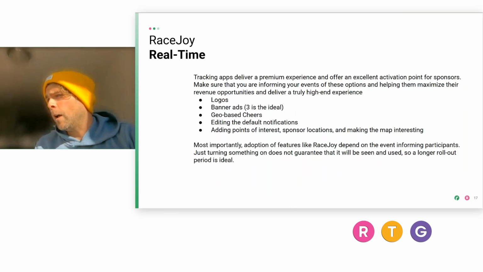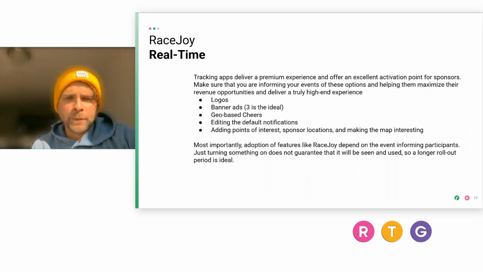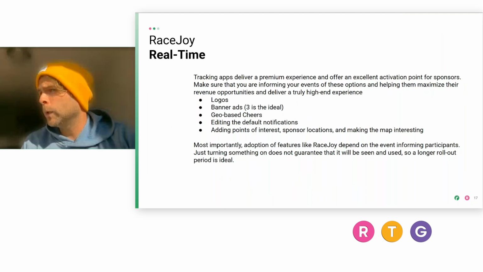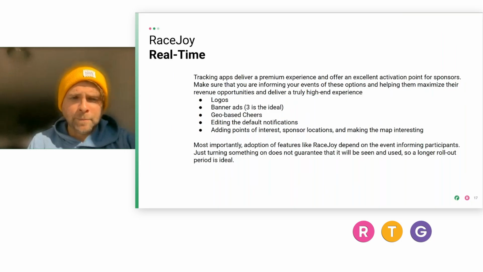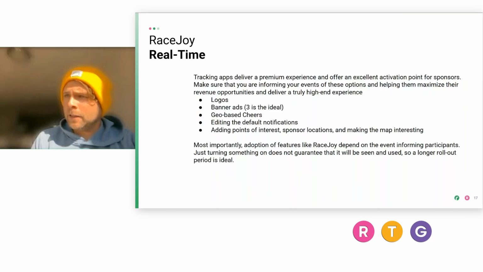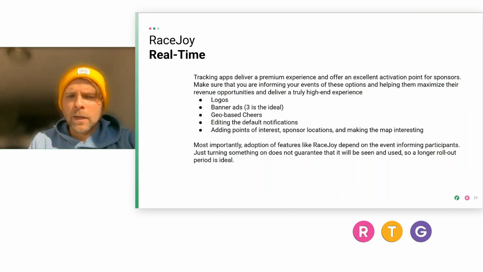And that can be offset by the organizers by having sponsors who are specifically covered and activated by pieces of the tracking app, whether that's logos or banner ads, keeping in mind that the first 3 banner ads get the most play. Geo-based cheers, editing the default location or default notifications, and then adding some pieces to spruce up the map, whether that's points of interest, maybe sponsor hotels, or other things like that.